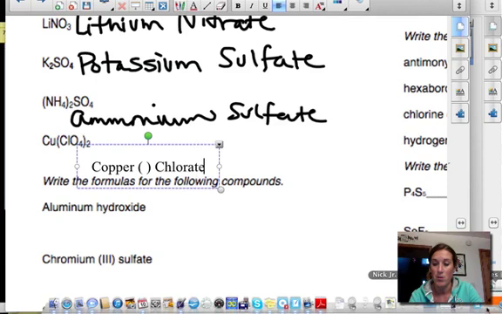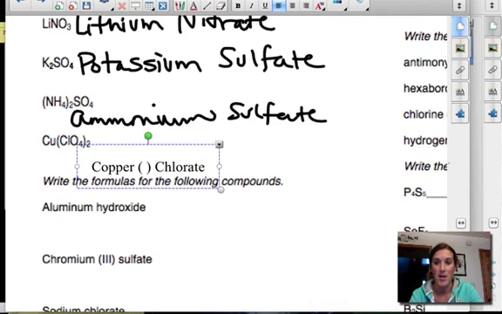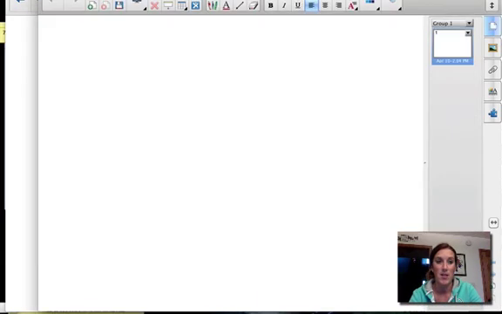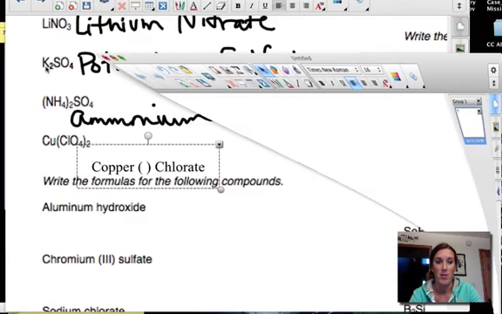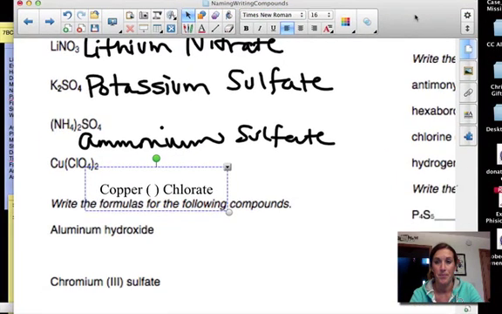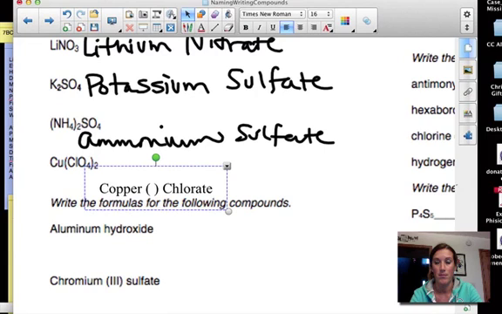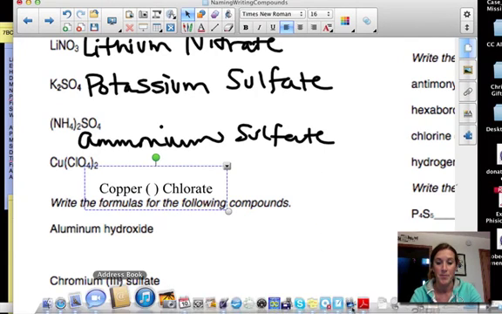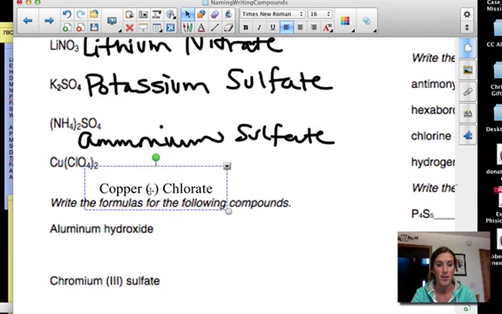We need to go to the polyatomic ion list to see what the charge on this compound is. Chlorate is a -1, so copper would be a +1.